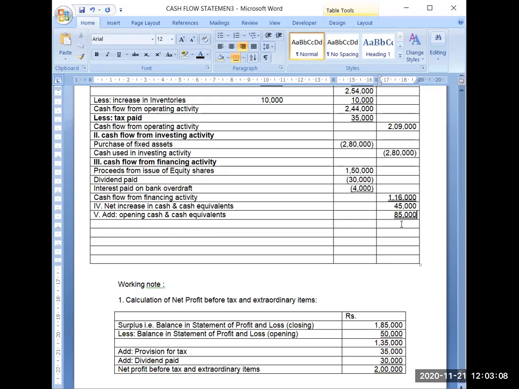So 85 plus 45 is 1,30,000. So closing cash and cash equivalents: one lakh 30,000.